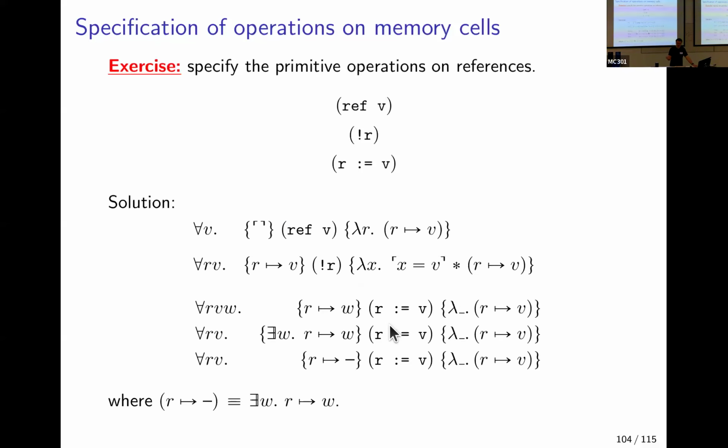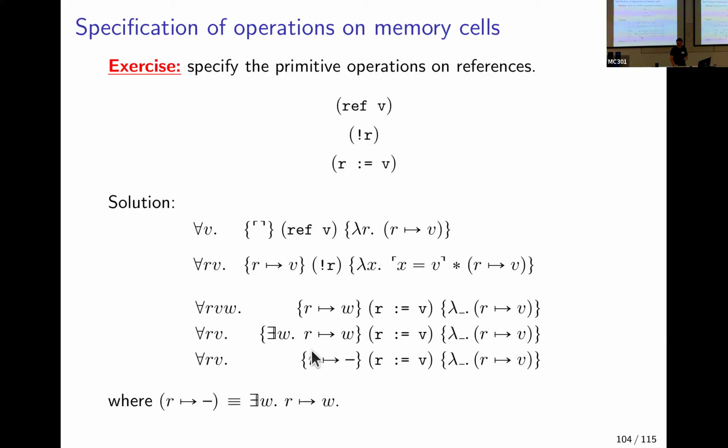And so for storing in a reference cell, the precondition can be a bunch of different things that are all equivalent. So you can either know already what is in the cell. In this case, it's simple to write it like this, where W is being overwritten by V. You know it because you write the specification for every r, V, and W. But you can also write the W inside an existential quantifier in the precondition, so that you can apply it even when you don't know the value.